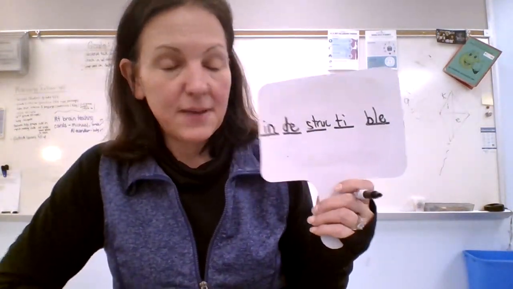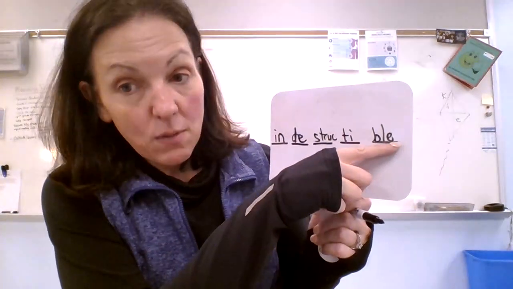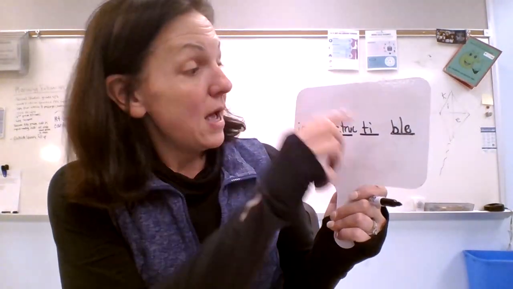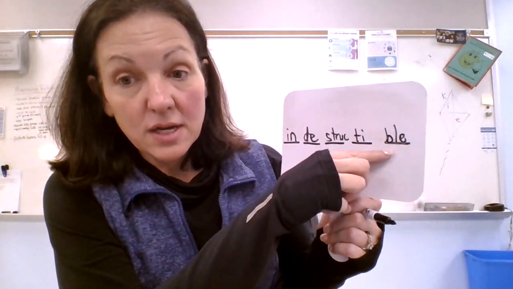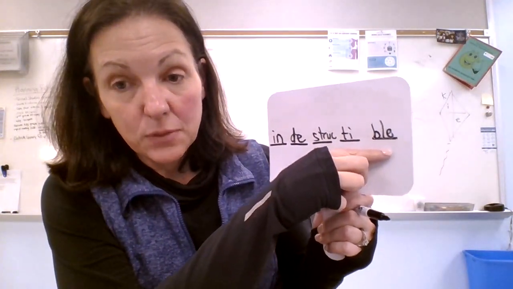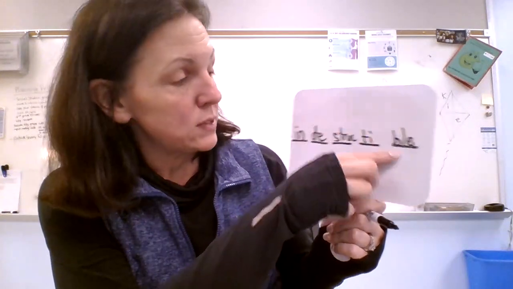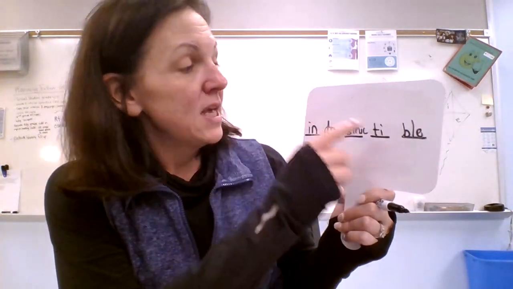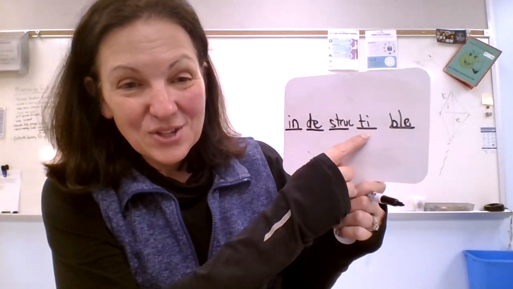Indestructible. Okay, so there's a vowel in this last syllable. That's how that works. And BLE, or consonant LE, is its own syllable type. So that's why it goes here. It's its own syllable type. So indestructible. Okay. That one's a little tricky.